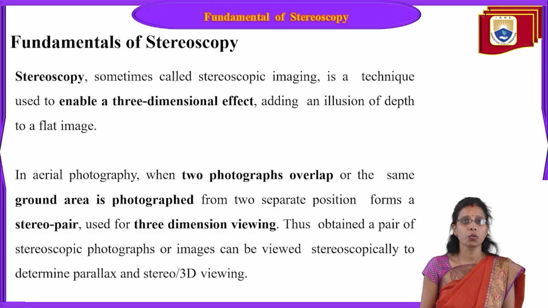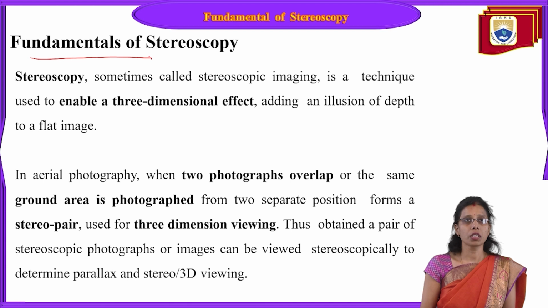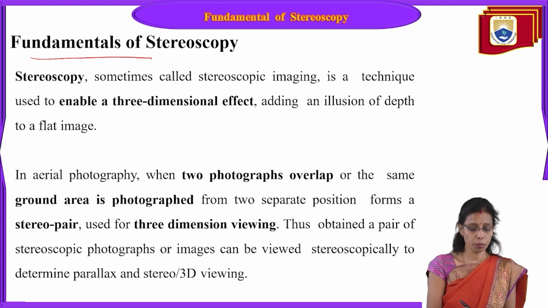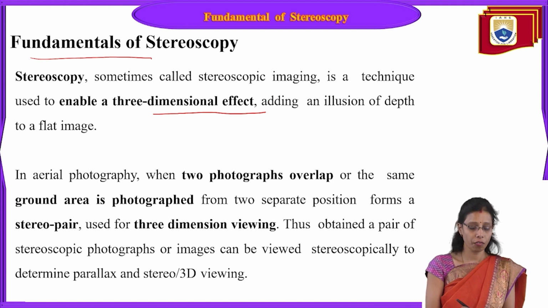So what is stereoscopy? First of all, we should understand what stereoscopy is. It is usually called stereoscopic imaging. It is a technique which enables a three-dimensional effect, adding an illusion of depth to a flat image.